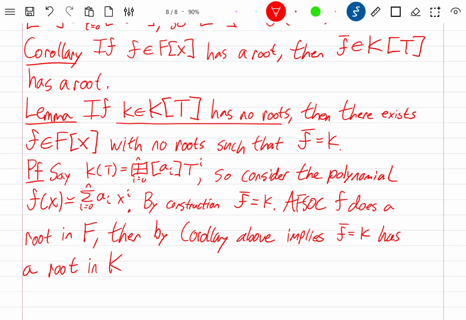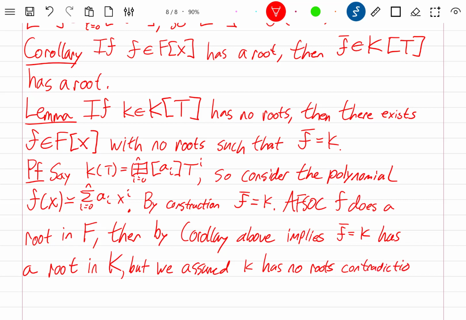But we assumed little k has no roots. This is our contradiction. So we now know, given a polynomial over a hyperfield, we can lift it up to a polynomial over a field, and if the polynomial over the hyperfield has no roots, then the corresponding polynomial over the field has no roots.